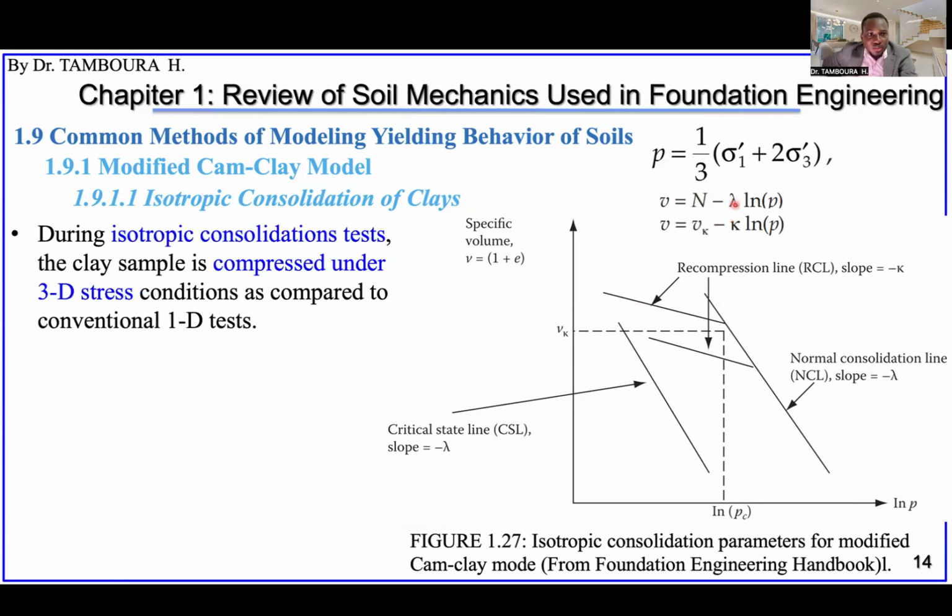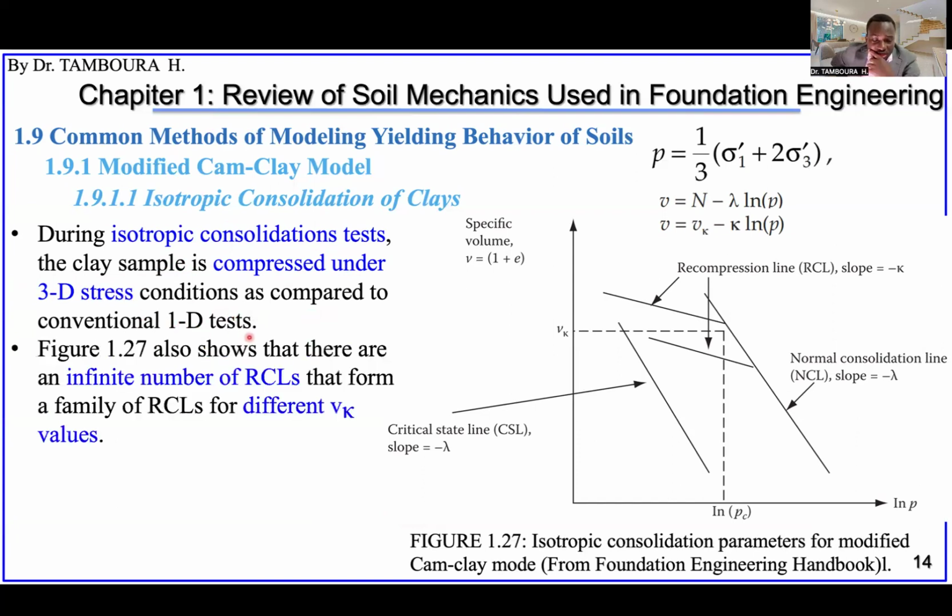I put this here. So during the isotropic consolidation test, the clay sample is compressed under 3D stress condition. Okay, same as the 1D test I presented before. In this figure we can also see that there are many of this type of line, the RCL line.